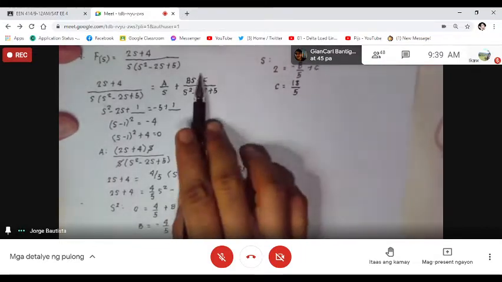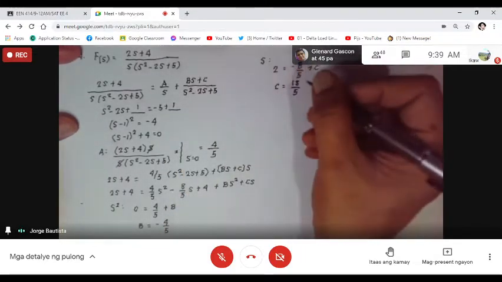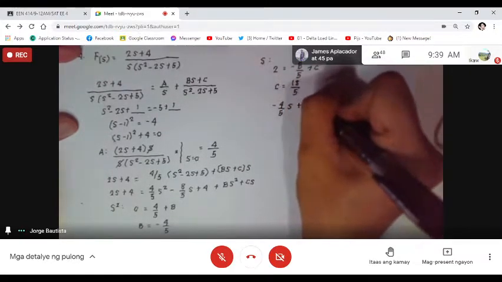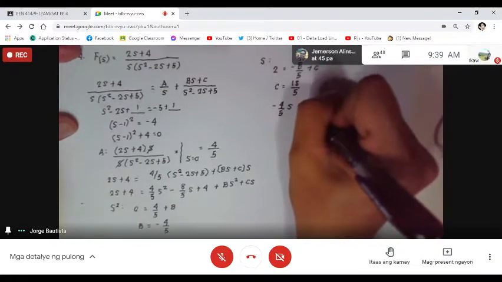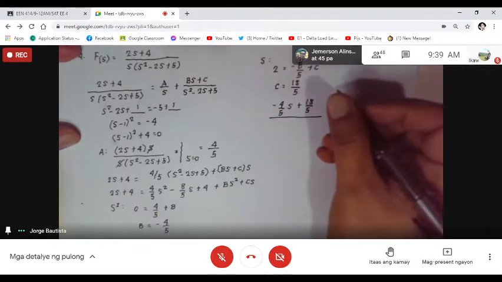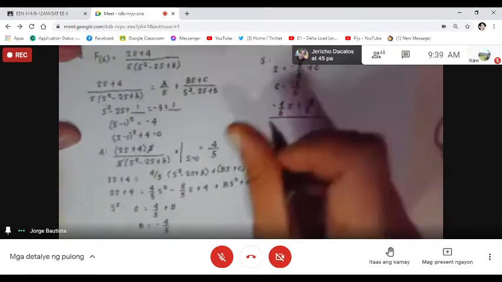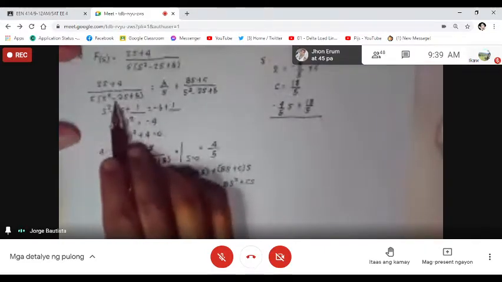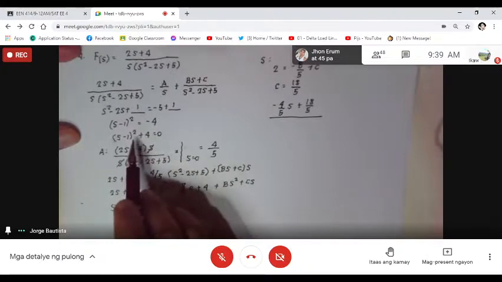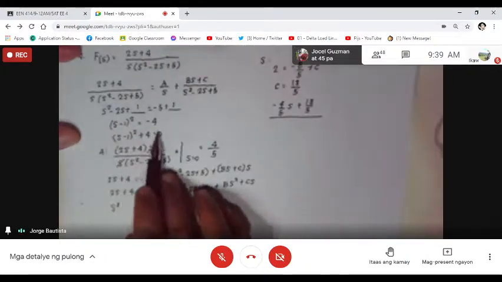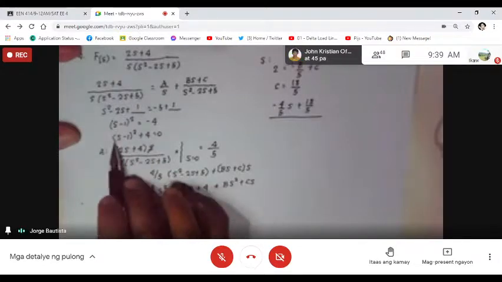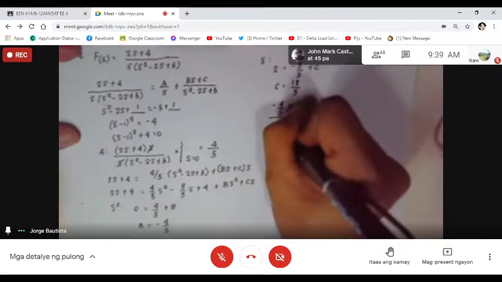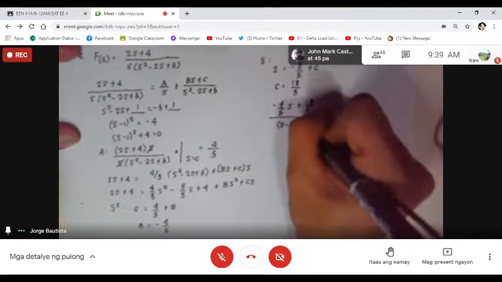Substitute here: negative 4 over 5 s plus 18 over 5, divided by s minus 1 squared plus 4. It is the same as s squared minus 2s plus 5, but here you can see the partner of s, which is minus 1.